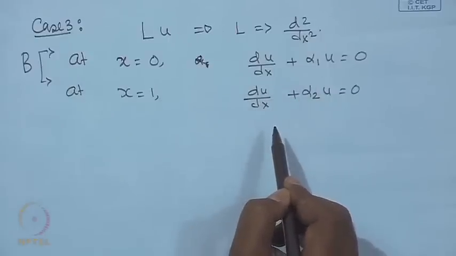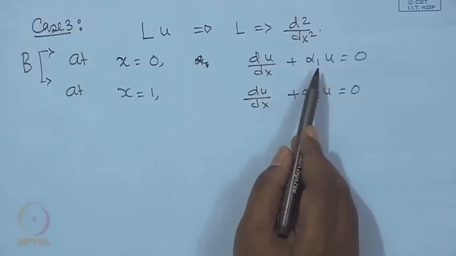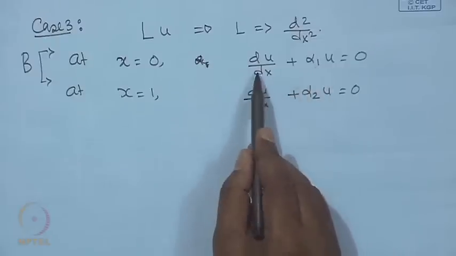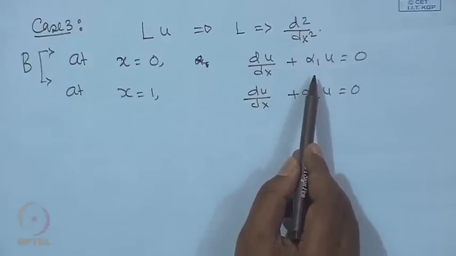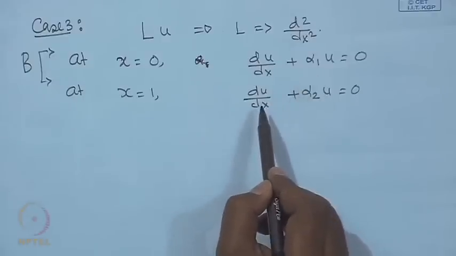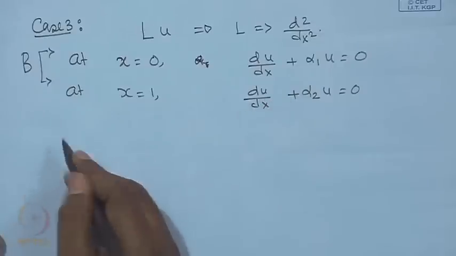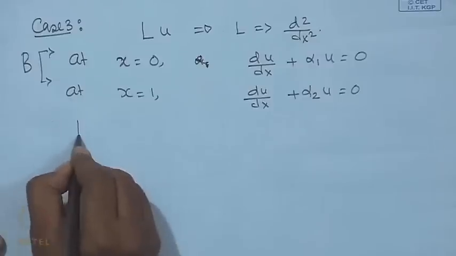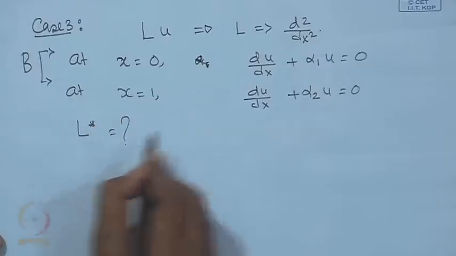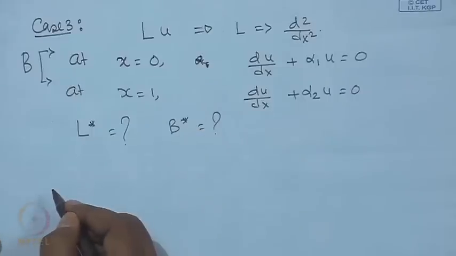These are more generalized, because if alpha 1 is equal to 0, you get a Neumann boundary condition, and if alpha 1 is infinitely large, you get the Dirichlet boundary condition. So let us find out what L star and B star are in this particular problem.